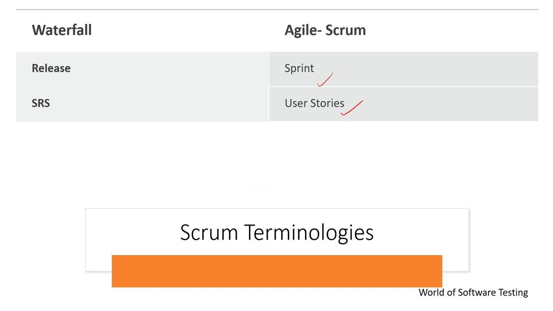So a user story is very useful in estimating the efforts, and it is very useful in taking the sprint requirements to prepare the sprint backlog. Again, we will discuss user stories in detail in upcoming lectures, so stay tuned.